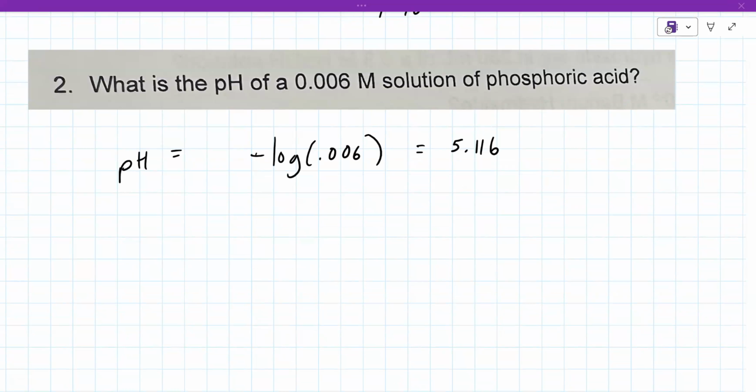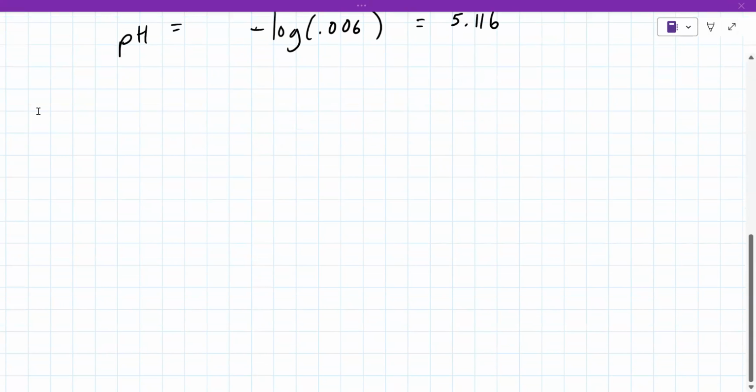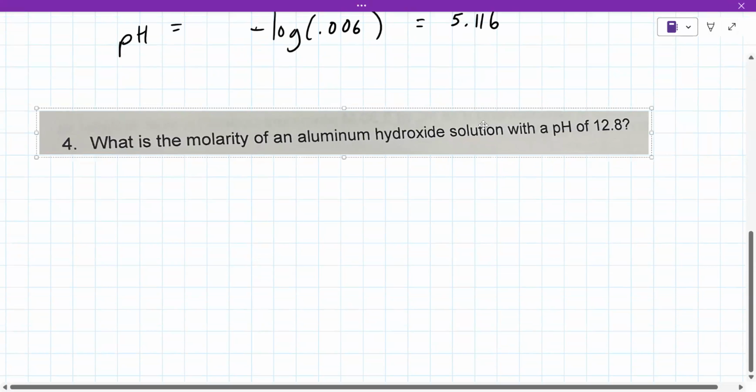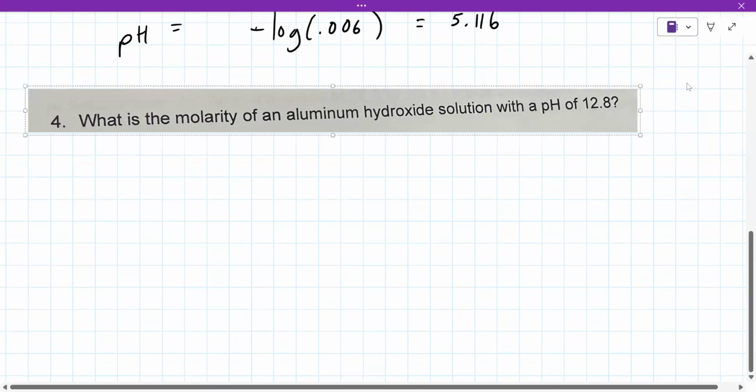This always happens. Chemistry is really tricky. I was looking at some down the page here, which were just concentrations, and you can convert them. But here we go. What is the molarity of an aluminum hydroxide solution with a pH of 12.8?